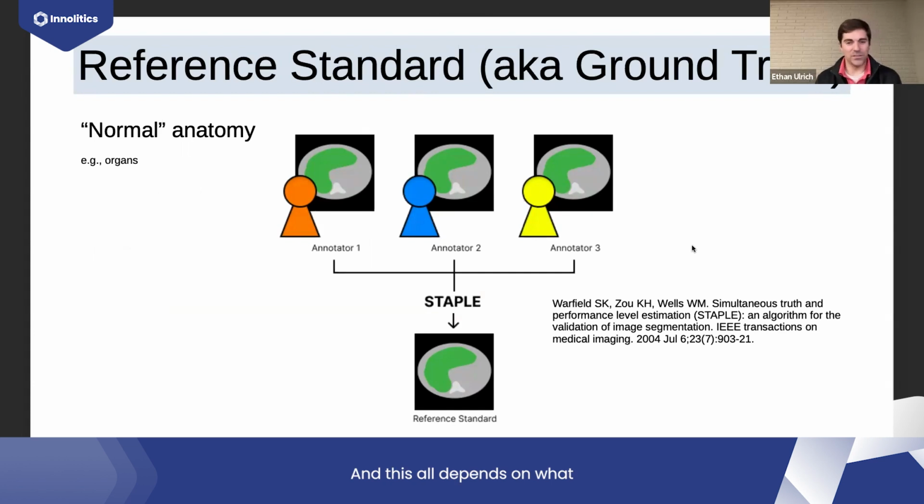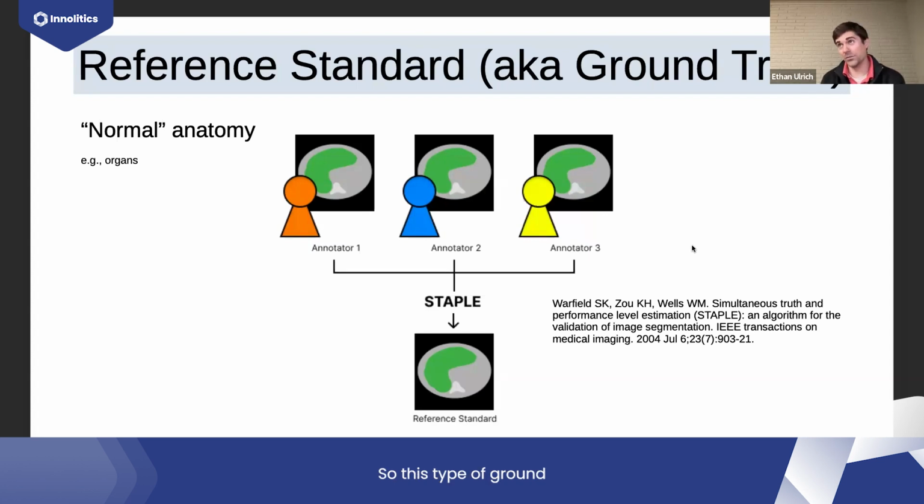Once you have your data, you need to establish the ground truth of what's inside that data. And this all depends on what your device does, the types of things it's detecting, or in this case, segmenting. For this example, you may have a device where one of its functions is to segment normal anatomy, like an organ. Typically, for normal anatomy and large anatomy, it's a little bit easier of a task, so there's not a ton of variation associated with it.